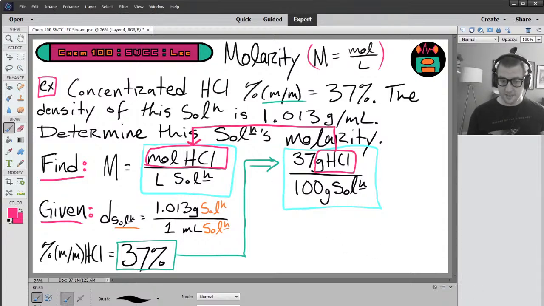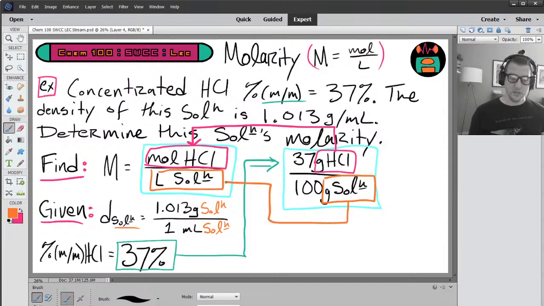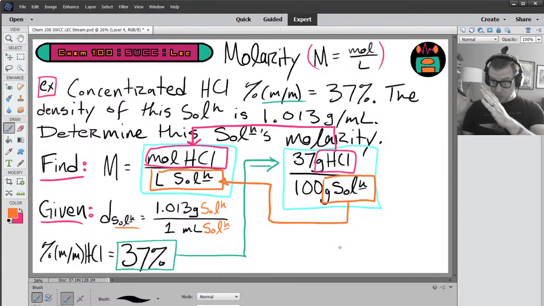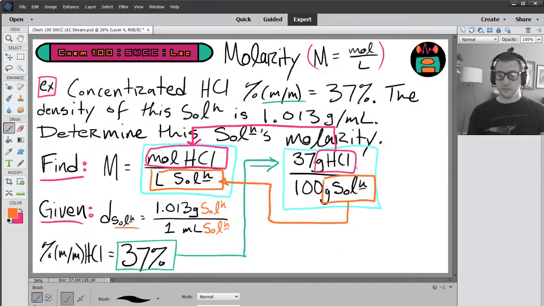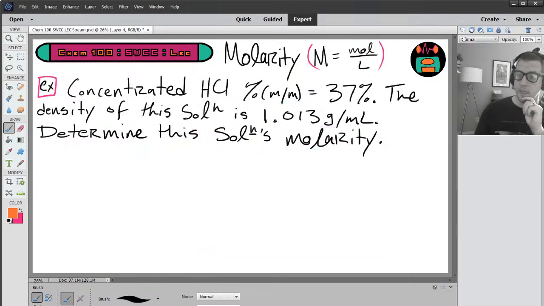The second, and this one might prove a little harder, we'll see, we need to convert grams of solution into liters of solution. If we can do these 2 unit conversions, then we will have converted percent mass into molarity. All right, so let's take this one step at a time.